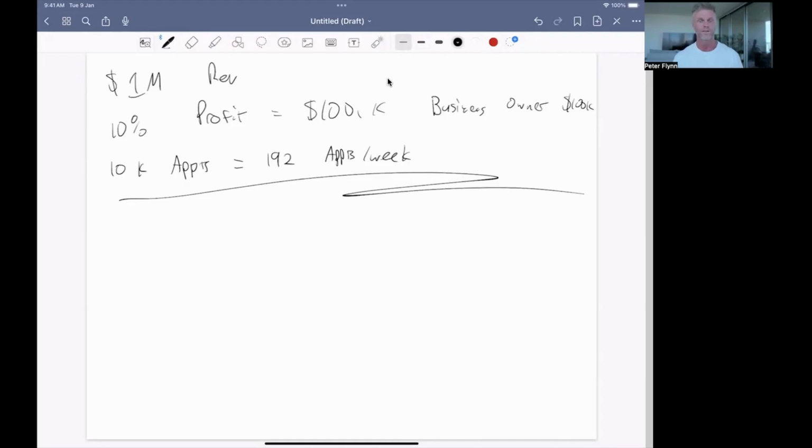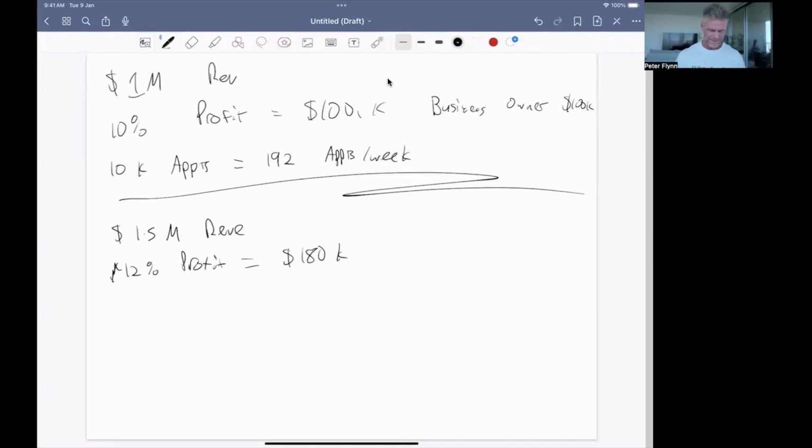Here we're going 1.5 mil rev at 12% profit, and that's going to equal 180,000. The business owner is going to get the same salary, so we're going to have an extra 80,000 profit for the year in this example.